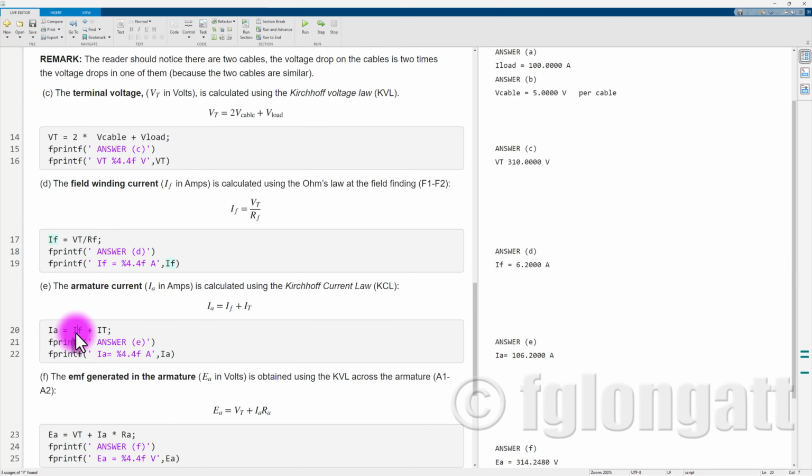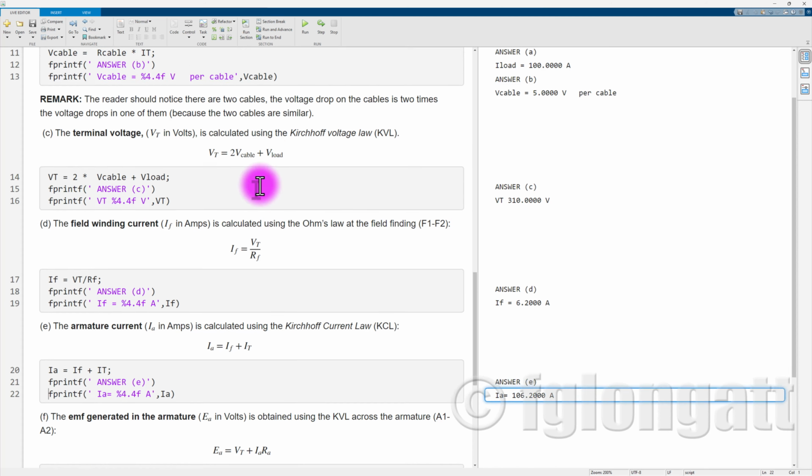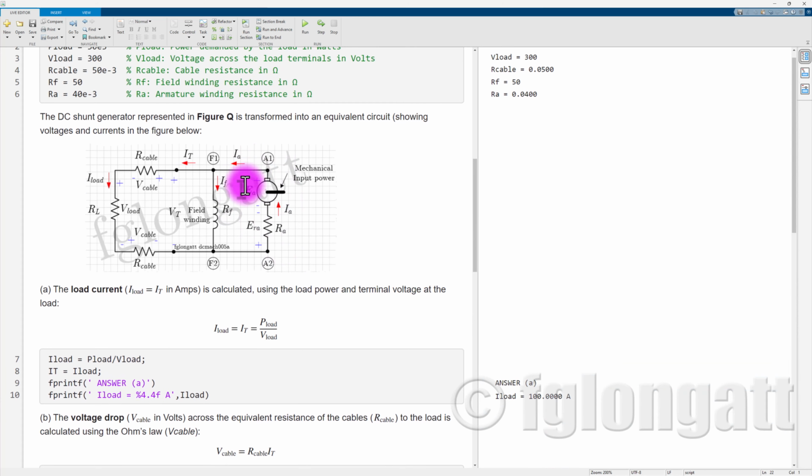You can see that the field winding current is 6.2, terminal current is 100. So adding those currents, we obtain the armature current, and for this very specific case, 106.2 amps.